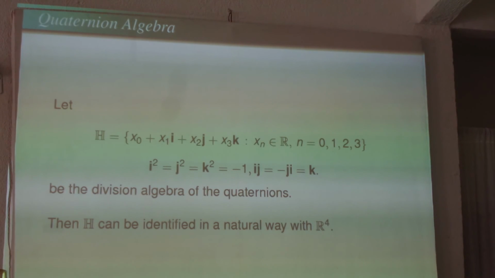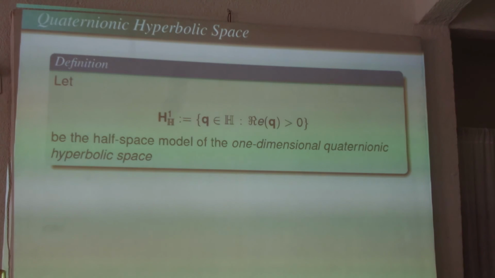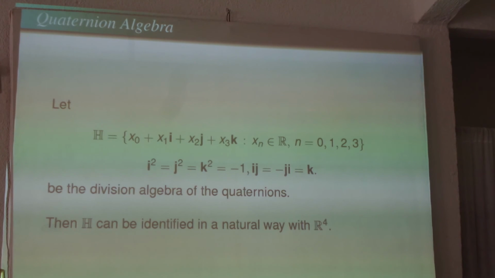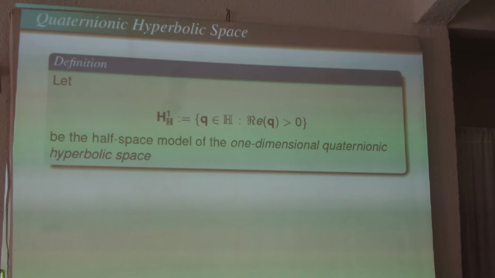Therefore, we consider as usual the blackboard H, the skew field of Quaternions. As we know, we identify the quaternions with R4 in the obvious way. Here there is a little change with respect to the upper half plane.